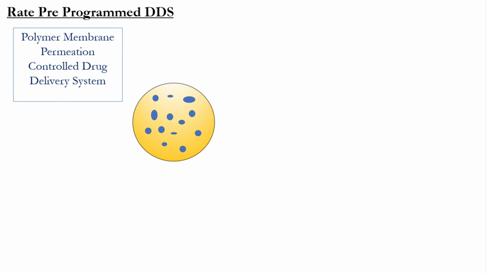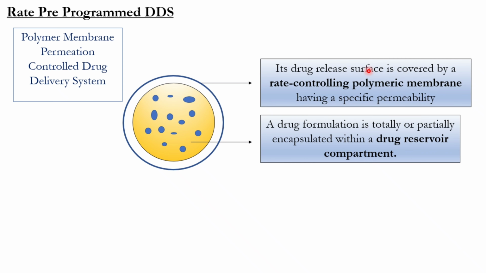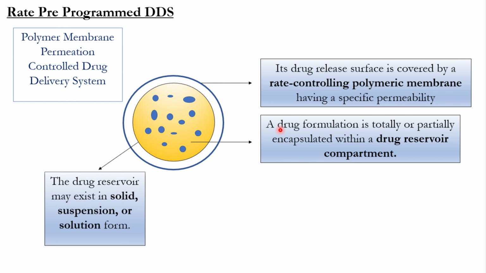Now, let us see about polymer membrane permeation-controlled drug delivery systems. A drug formulation is totally or partially encapsulated within a drug reservoir compartment. The drug release surface is covered by a rate-controlling polymeric membrane having a specific permeability.